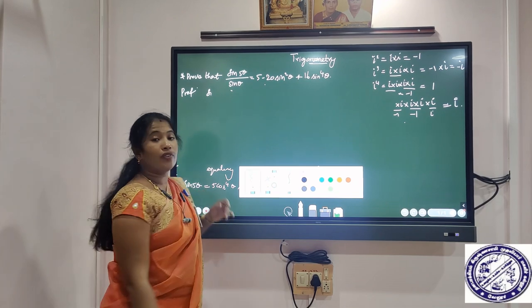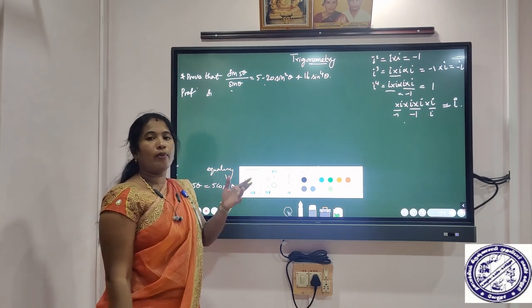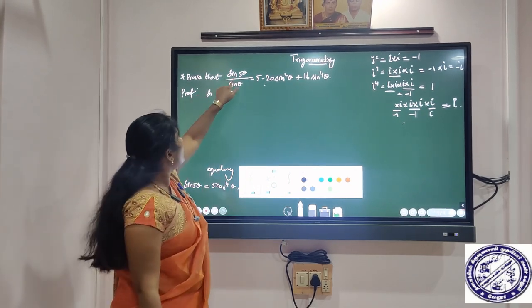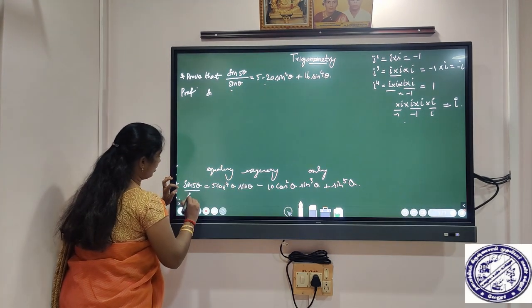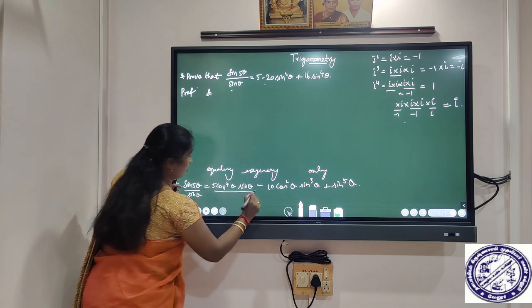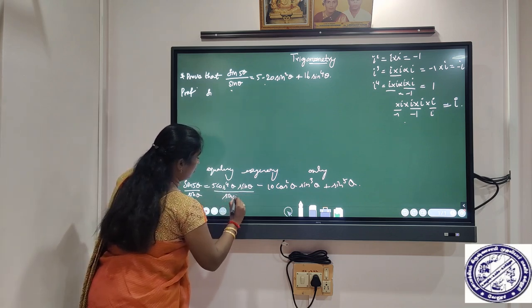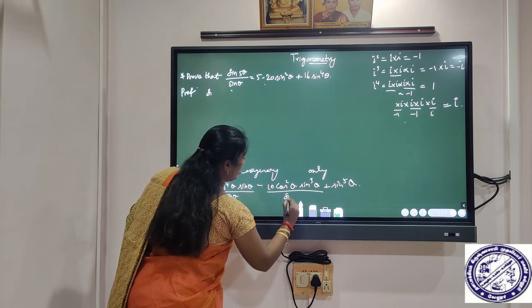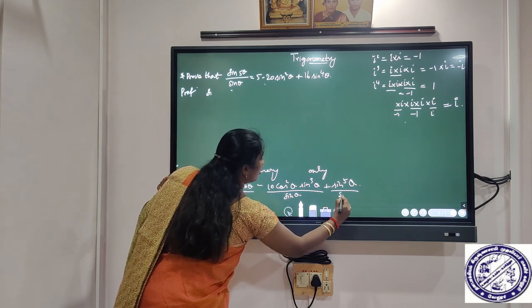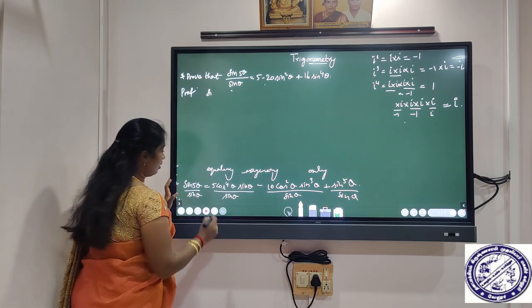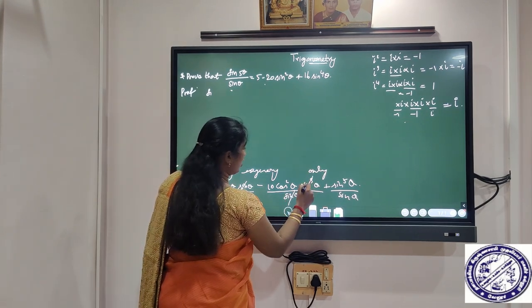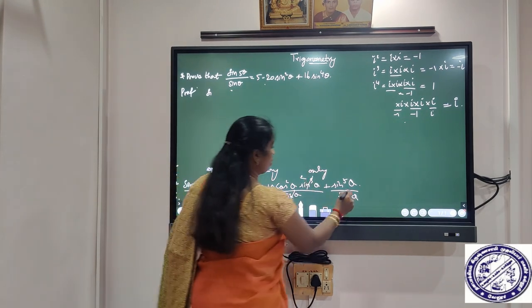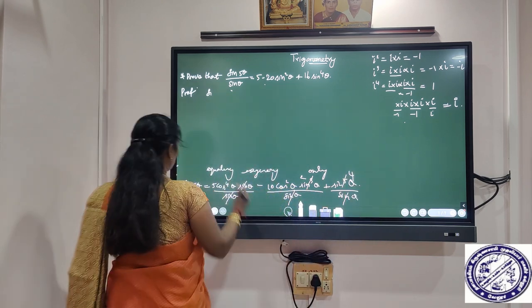Now we are going to divide all the terms by sin theta, because as given in the question, divide by sin theta. So now we are going to cancel. Sin theta cancels: here sin theta one time, here three times, so two times will come, and here four times.